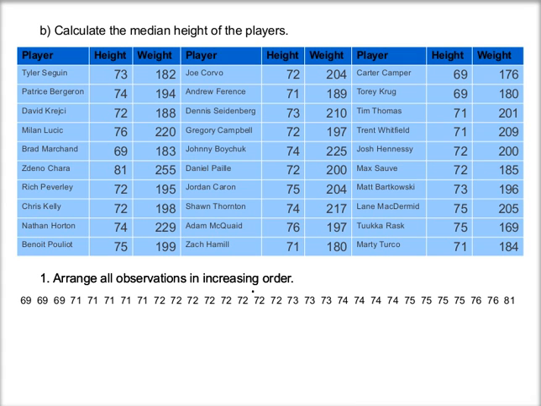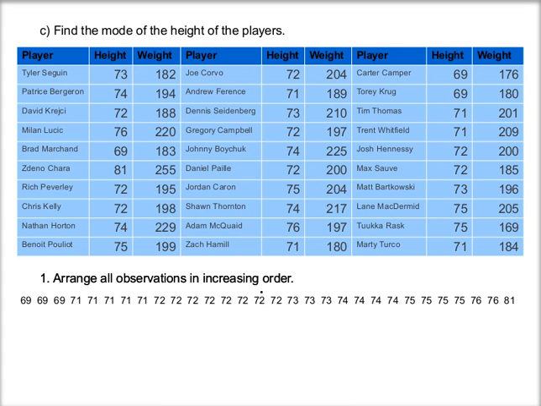So it looks like 15 and 16 will be these 2 players here with the height of 72. And to find the median, we're going to find the mean of the 2 middle values, so the median is equal to 72 plus 72 divided by 2, which is just 72, since they're both the same. So that's our median height, 72 inches.